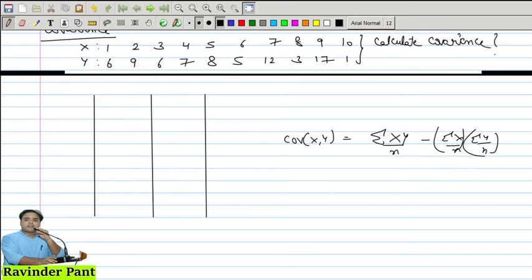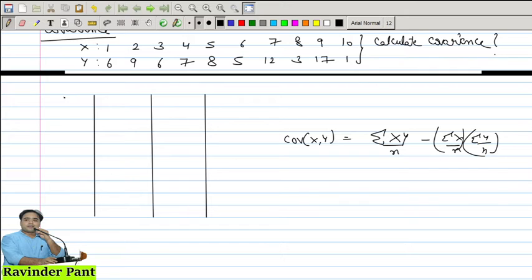So eventually these are the individual means of the two series. So what I need is, I need sigma x, I need sigma y, I need n, I need xy summation. So let us do this calculation quickly.